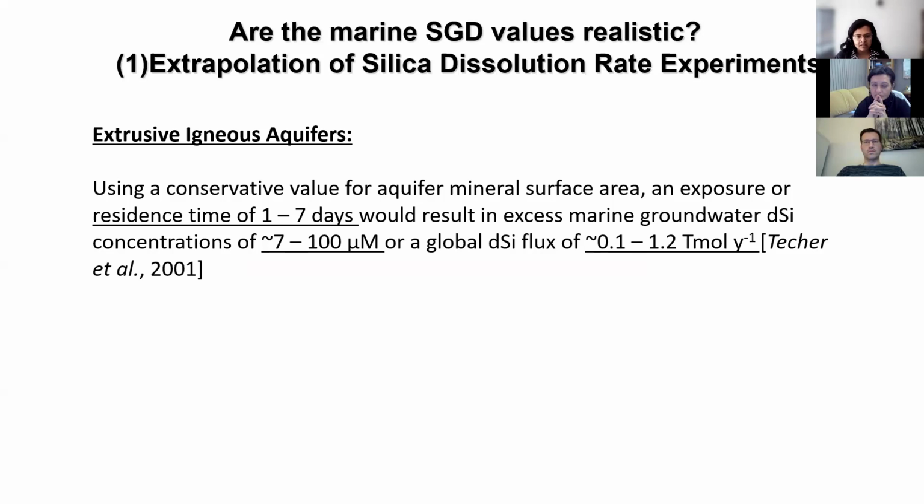So if we assume a residence time of about 1 to 7 days using their dissolution rates, we calculate a global SGD DSi flux of 0.1 to 1.2 teramoles per year. Okay, so we're in the same order of magnitude. That's not bad. What else can we do?